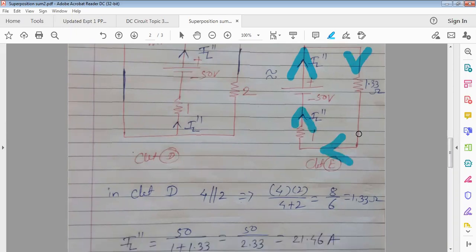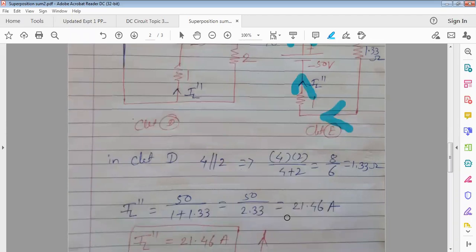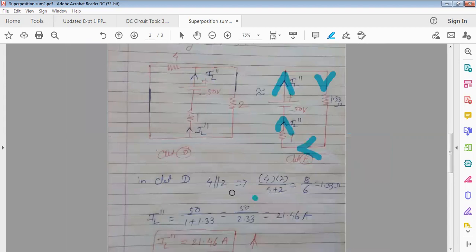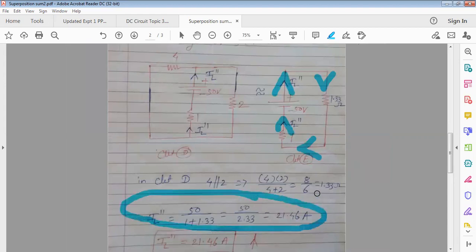So 2.33 is the equivalent resistance of this circuit, and the total voltage you know is 50 volt divided by 2.33, that is 21.46. Is this the required current, or do you have to simplify the circuit further? No, ma'am, this is the required current.